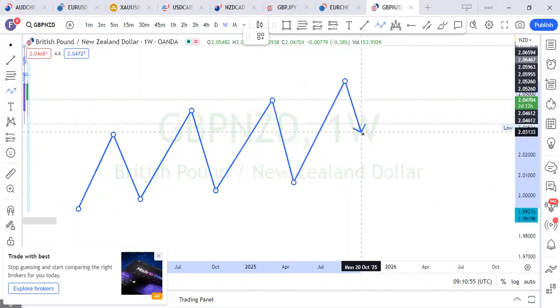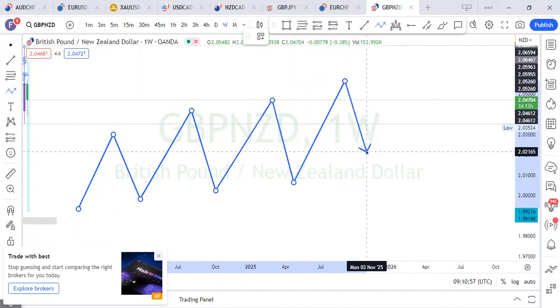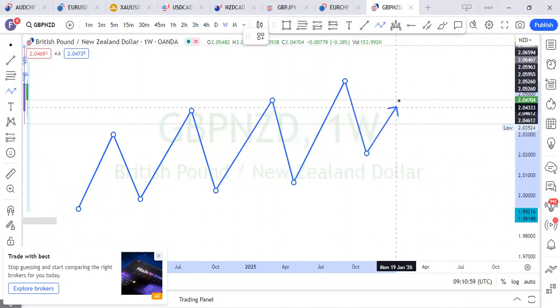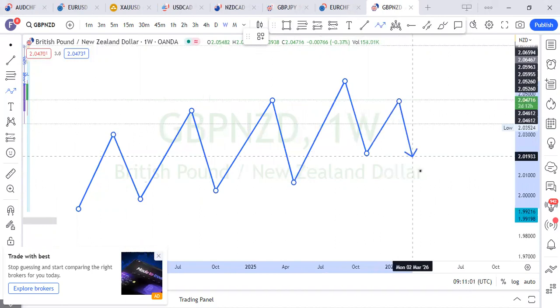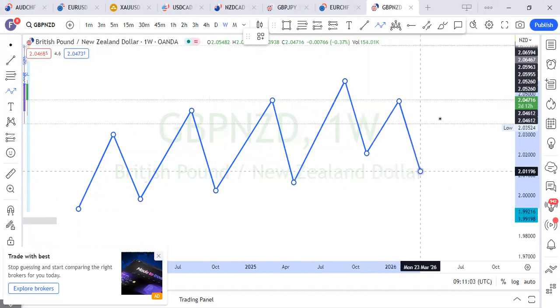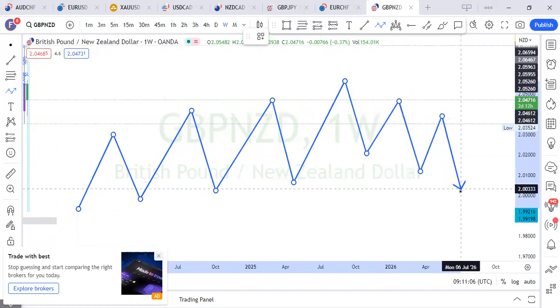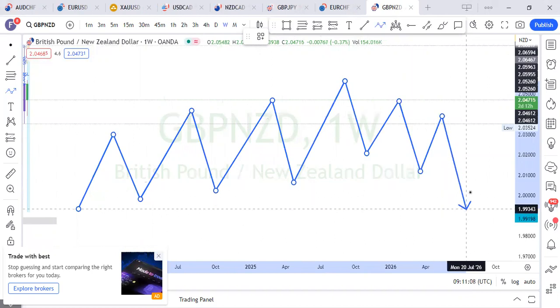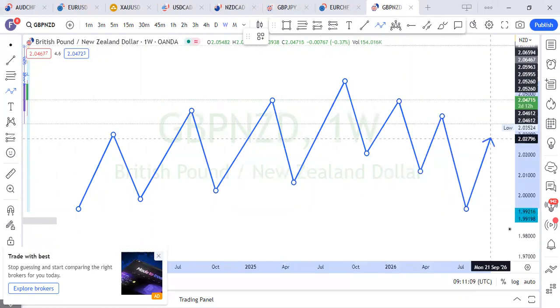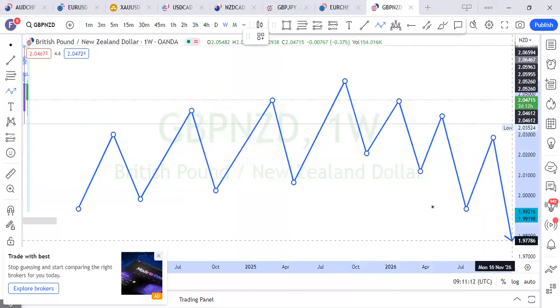Then we now have this: a failure swing in the market. The market takes out this low, comes back, retests this level, takes out the previous low again, comes back, retests, and takes out this previous low. Now, looking at this is very easy.